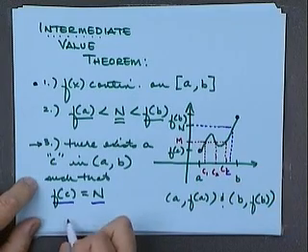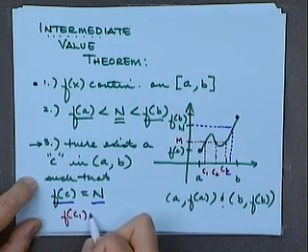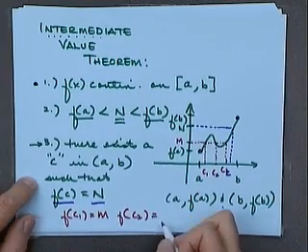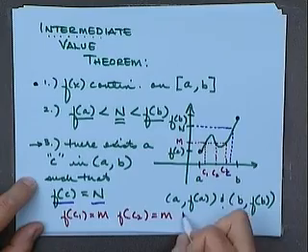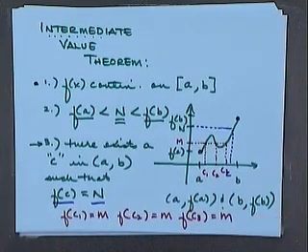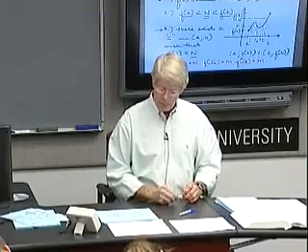So it just so happens that the f of c1 is m, the f of c2 is m, and the f of c3 is also m. That's kind of above and beyond the theorem. The theorem guarantees at least one.